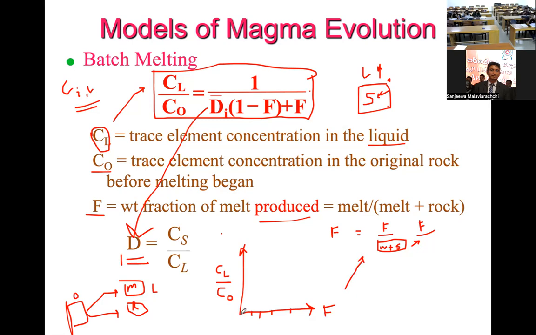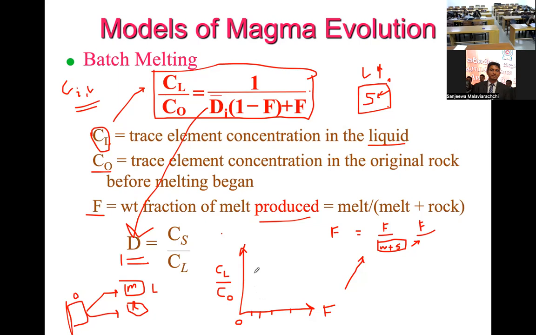So at the very beginning, if nothing has happened, F should be 0. That means no melting. Then you start melting and produce melt, maybe 0.1%, 0.2%, 0.5%, 1%, like that. You keep on increasing the melting degree, the fraction of melt, the amount of melt produced.